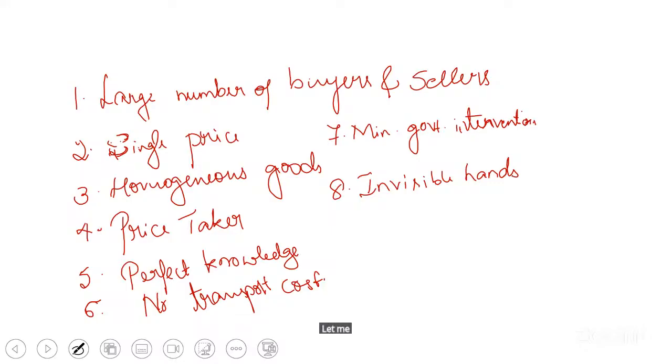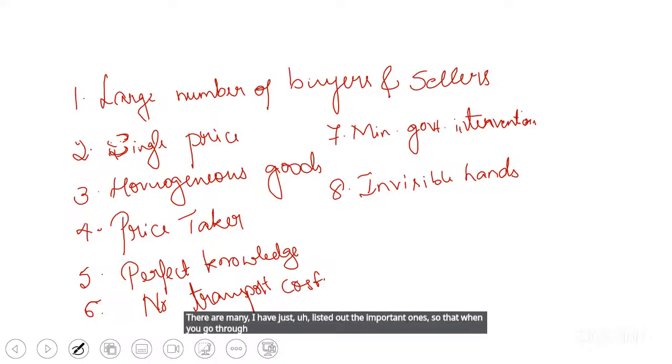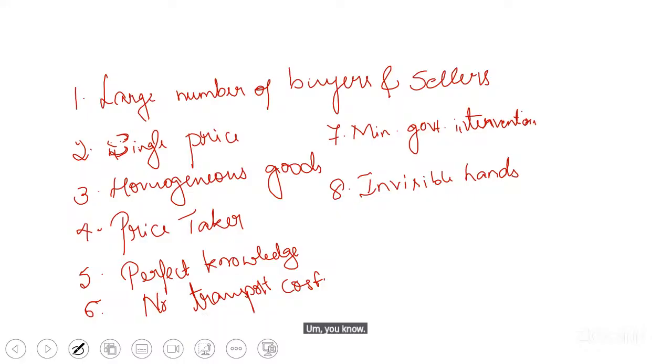Let me know once you have taken it down. There are many. I have just listed out the important ones so that when you go through these features, you will be able to kind of imagine the perfectly competitive market, how it is.